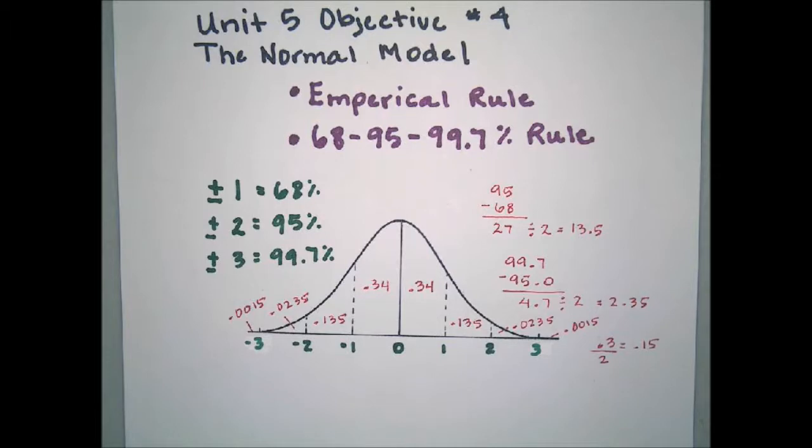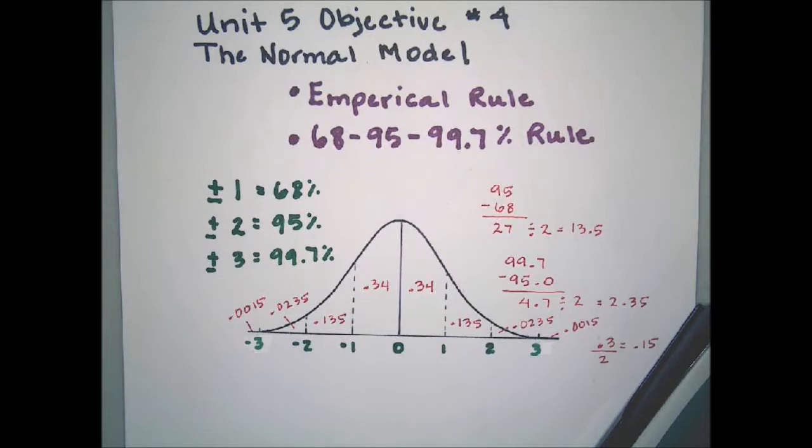Now, just to check it, everything should add up to, in this case, 1.0. So 0.0015 plus 0.0235 plus 0.135 plus 0.34 plus 0.34 plus 0.135 plus 0.0235 plus 0.0015.